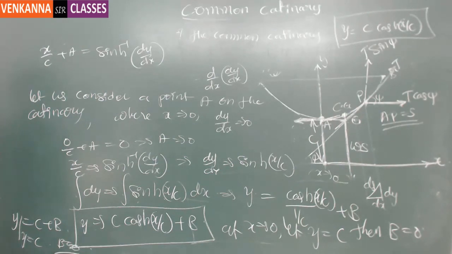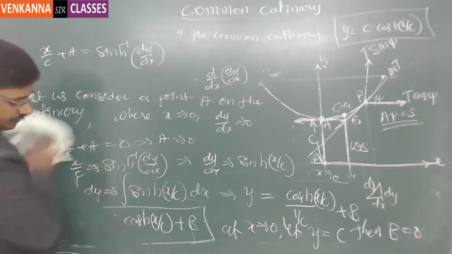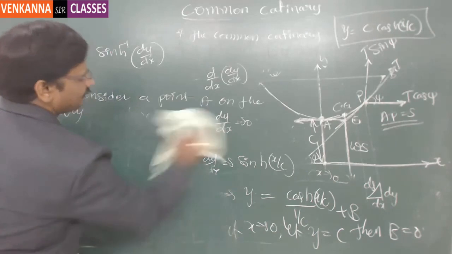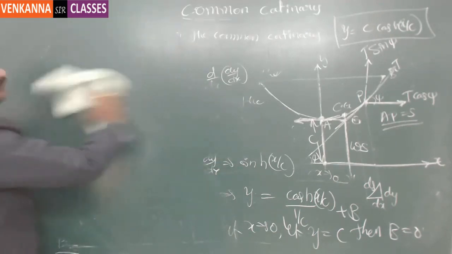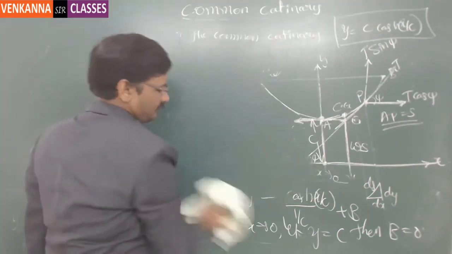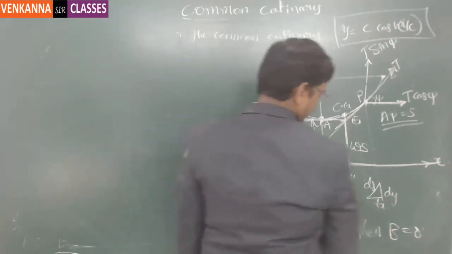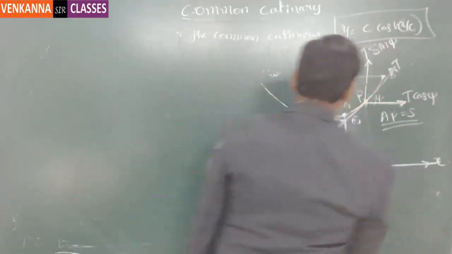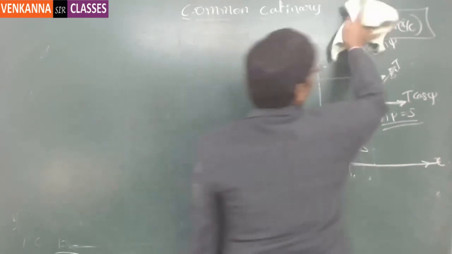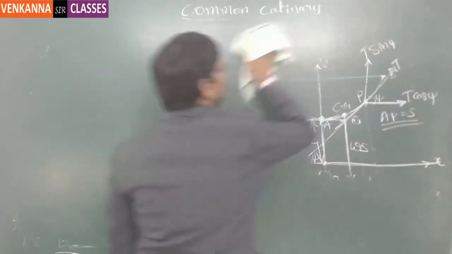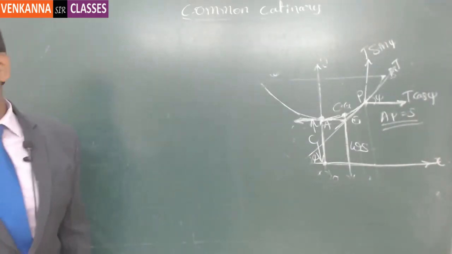Great. So now I am going to explain the terminology we are going to use in the case of the common catenary. The parabola terminologies we were using, the same terminologies we are going to use here also.